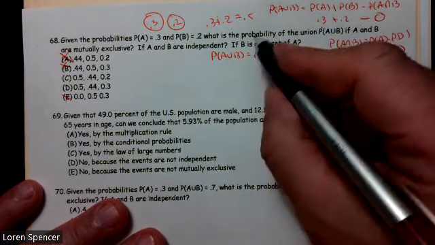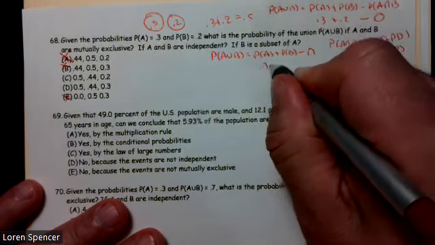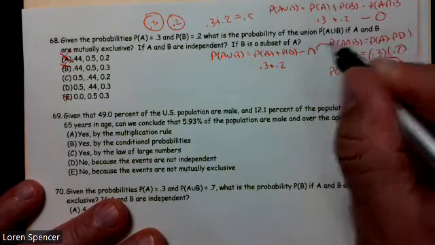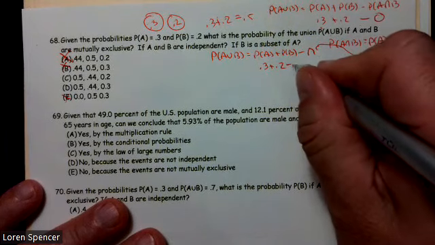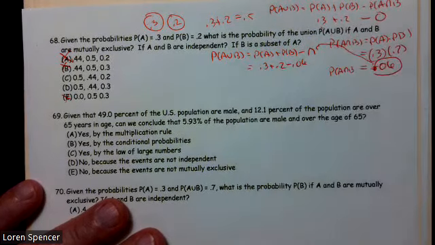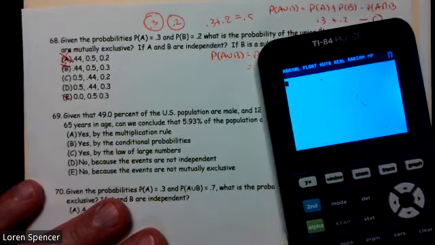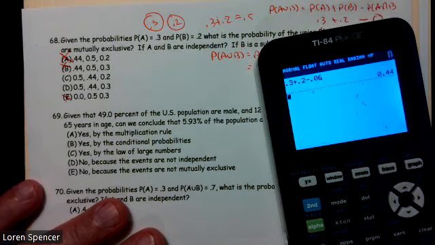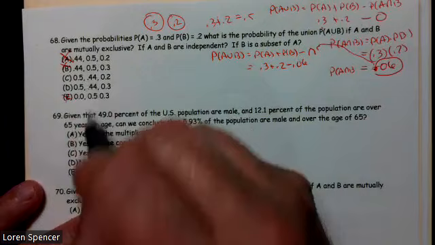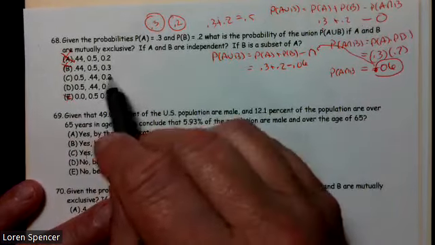Well, A is 0.3, B is 0.2, and we just found the intersection. We can substitute that in. So minus 0.06. And 0.3 plus 0.2 minus 0.06 gives us 0.44. Well, both of these have 0.44, so that's not very helpful.